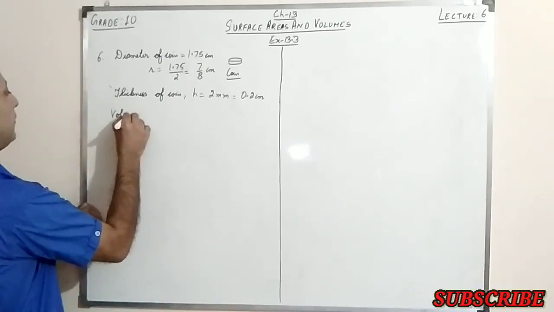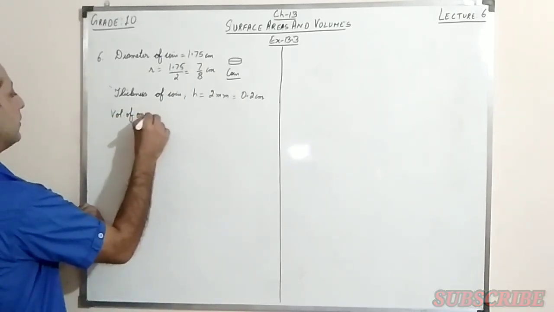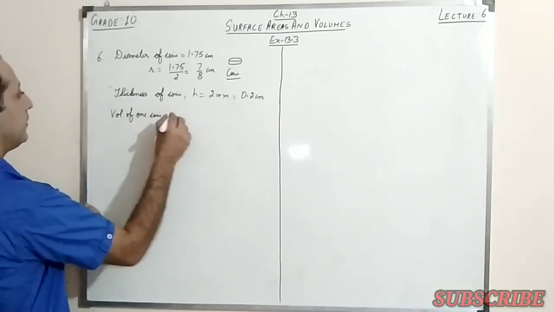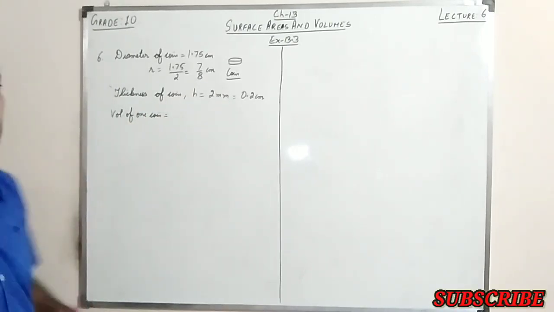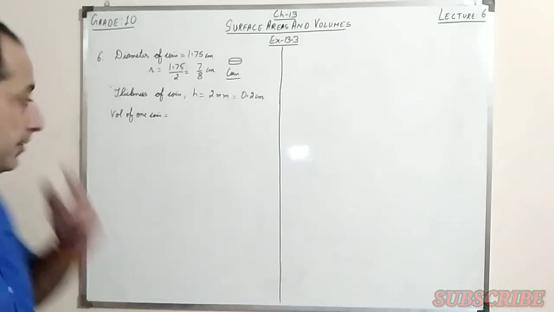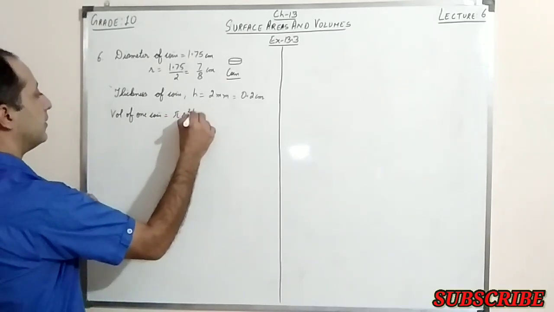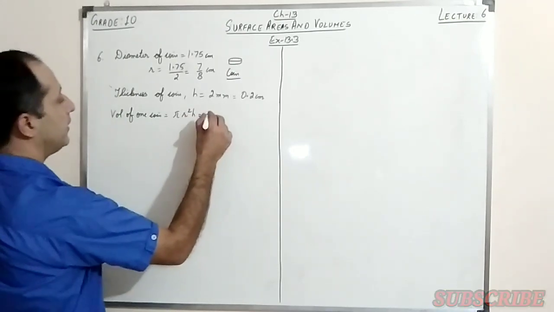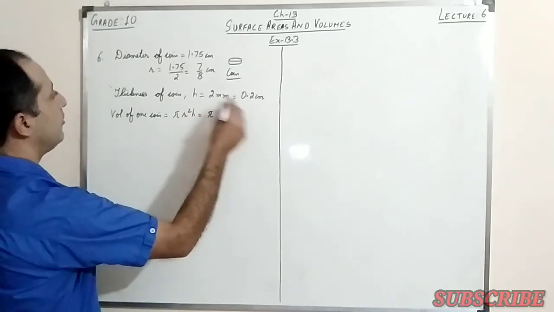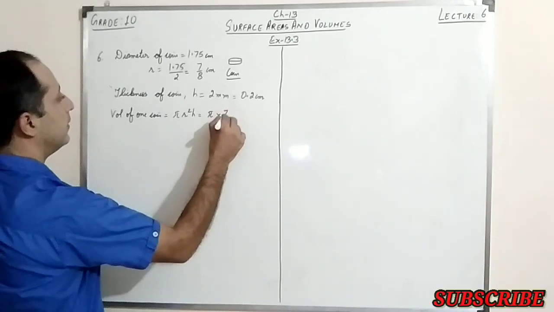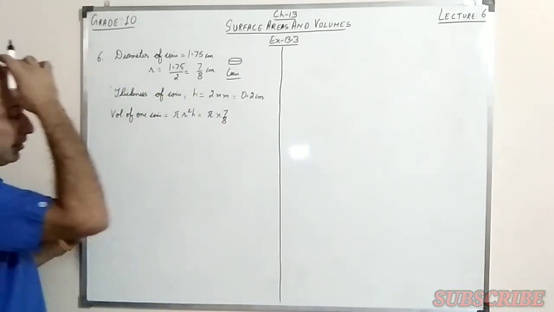What else? Now let's find the volume of one coin first. Now volume of one coin, that is, now if you see carefully, the shape of the coin is a cylindrical shape. So we can write the formula as pi r square h. The substitute value, we are not putting the value of pi at the moment. R is given to me as 7 by 8. And this is 0.2 centimeter.